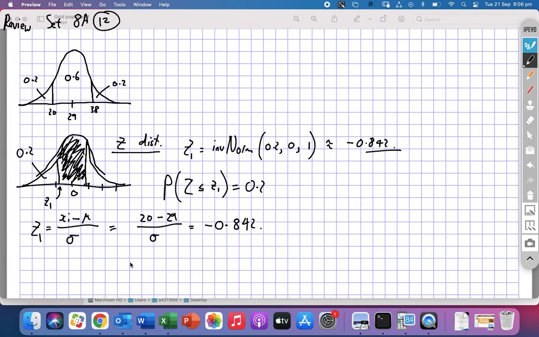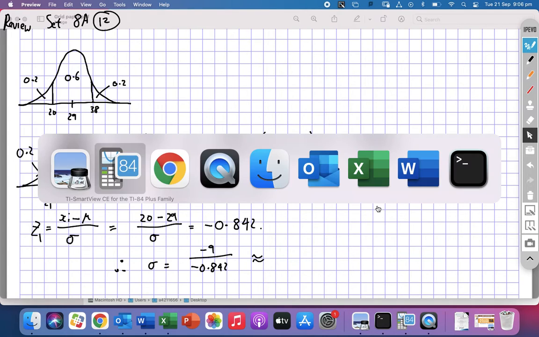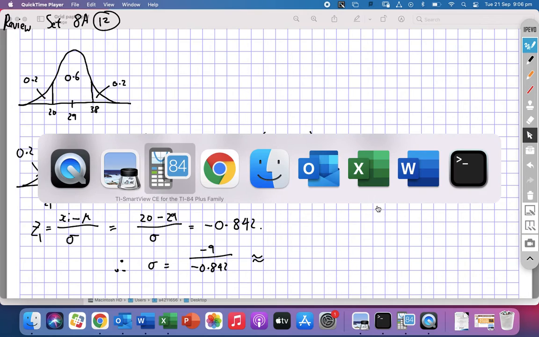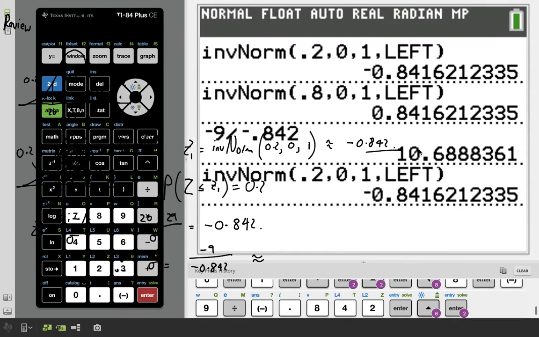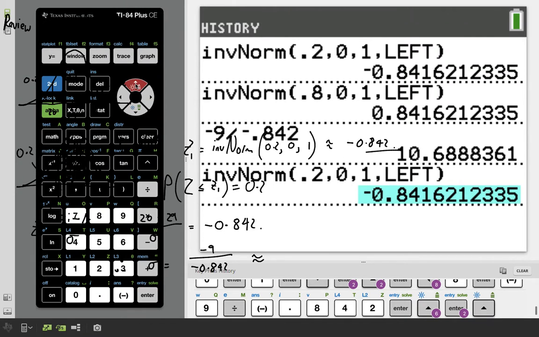Now, with a bit of rearranging, the standard deviation would have to be minus 9 divided by minus 0.842, and I did this in the calculator earlier. I'll just copy and paste it.